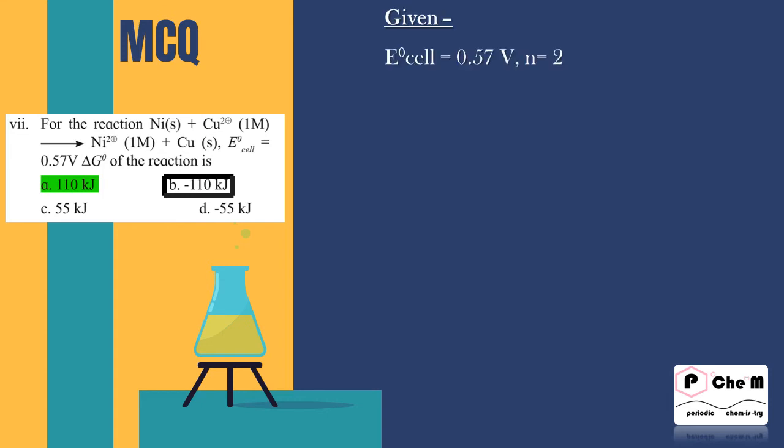E cell is equal to 0.57 volts, and as we can see the charge on Cu is plus 2, therefore n is equal to 2. We need to find delta G, and therefore we will use the relationship between delta G naught and E naught cell. Delta G naught is equal to minus nF E naught cell.